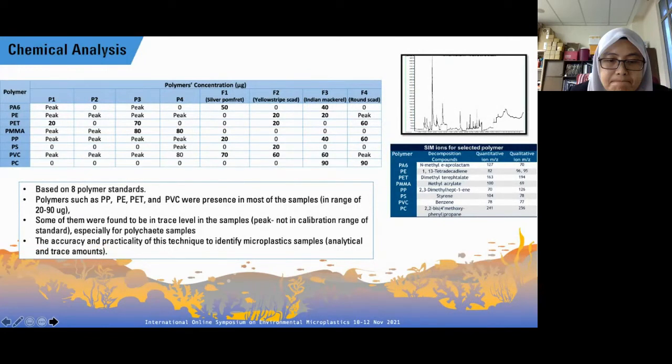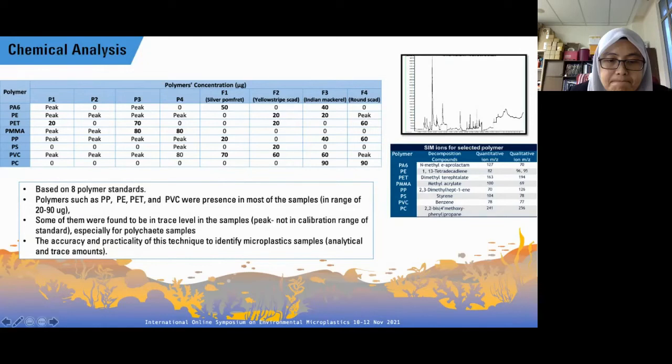When we analyze the sample with other techniques, pyrolysis GCMS, this figure shows an example of total ion chromatogram, or TIC, for a selected sample based on the targeted SIM mode that we chose before, of polymer decomposition compounds.